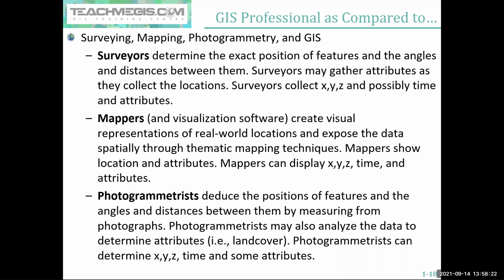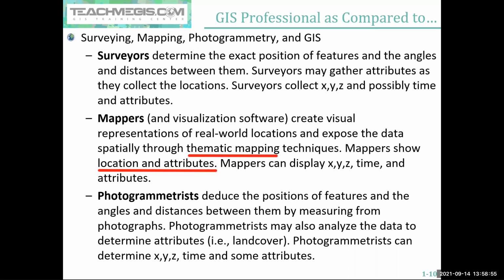A thematic map is a map where the layers are color-coded by some theme, like color-coding the roads by speed limit or the lakes by the sediment load. Right? Color coding on a numeric or a text field makes a thematic map. So anyway, a mapper, also called a cartographer, right? They show location and attributes. Mappers can display X, Y, Z, time, and attributes, but they are still different from GISers.